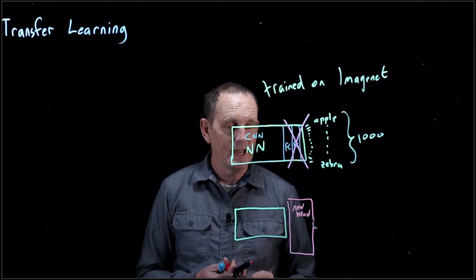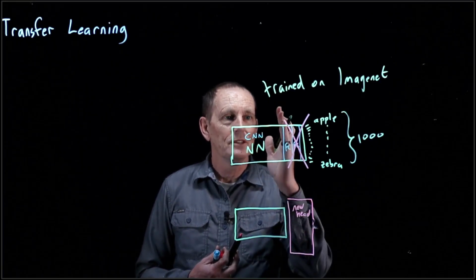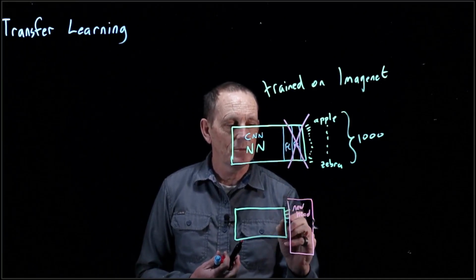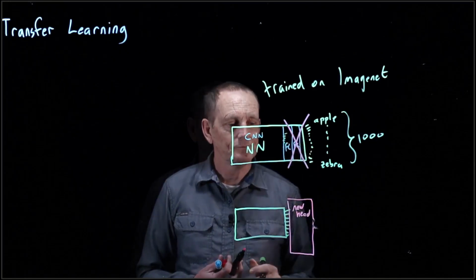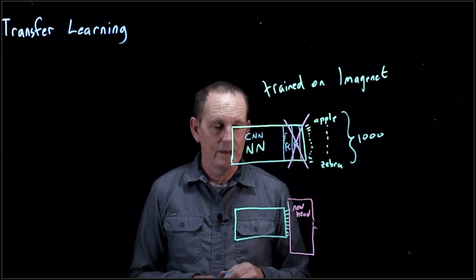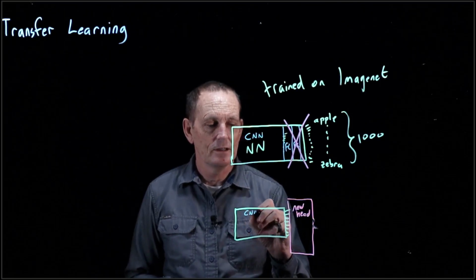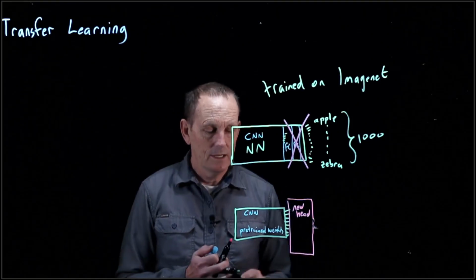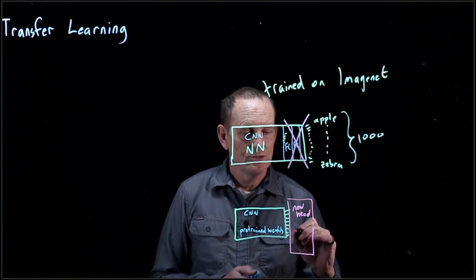The output from this portion of it is the same as the output in here. So we have here the CNN with pre-trained weights. In our new bolt-on head, we have random weights.